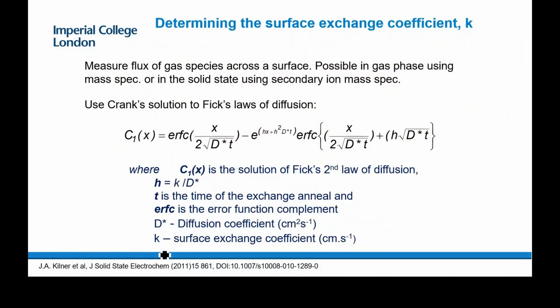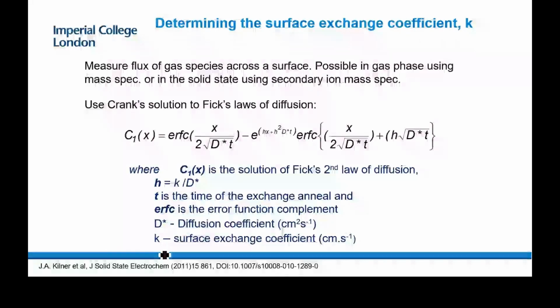Now I'm not going to go into the derivation of this either. You'll be very glad to know. So the key principle here is that what we're looking at is a flux of gas species across the surface. Everything around us will have an equilibrium flux across the surface, right? That's no different to operating these solid oxide cells at high temperature.